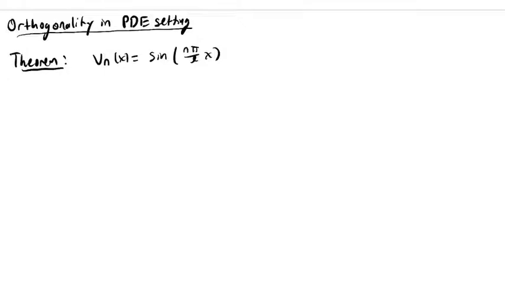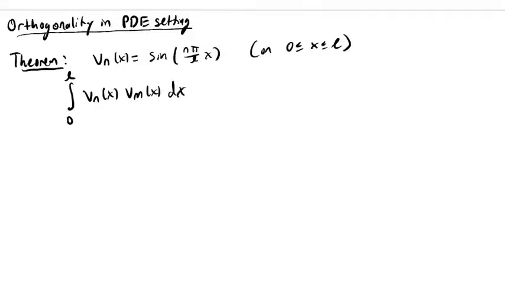The theorem says that if I look at the integral from 0 to L, which is the domain for these functions, so we're looking at the domain 0 ≤ x ≤ L, and I integrate Vn of x times Vm of x dx, then if m is equal to n, this is equal to L over 2.